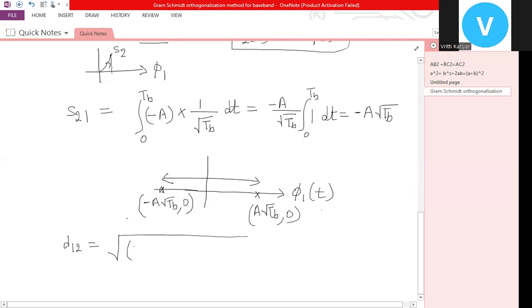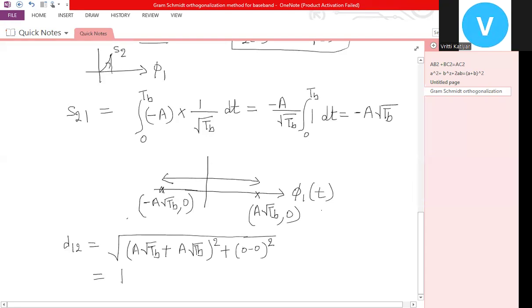So first component x1 minus x2, A root Tb minus minus A root Tb, whole square plus y1 minus y2 whole square, as both y coordinates are 0.